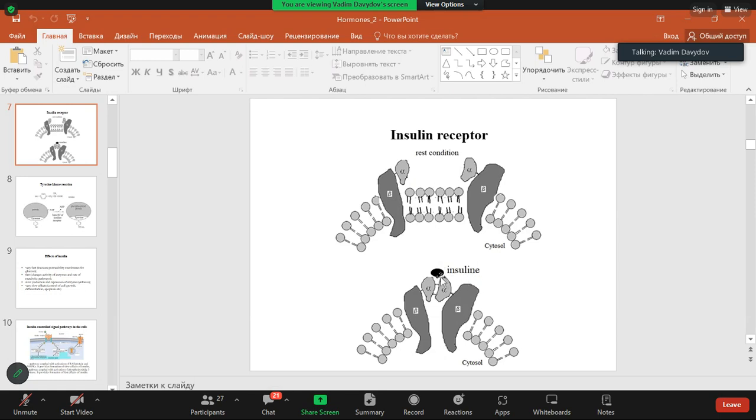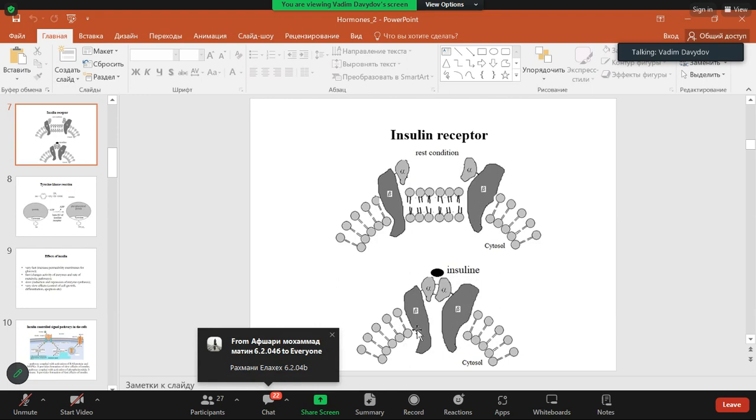But when insulin appears in the blood, it binds with the alpha subunits, resulting in association of the dimers of the insulin receptor into a tetramer, and the receptor becomes active.